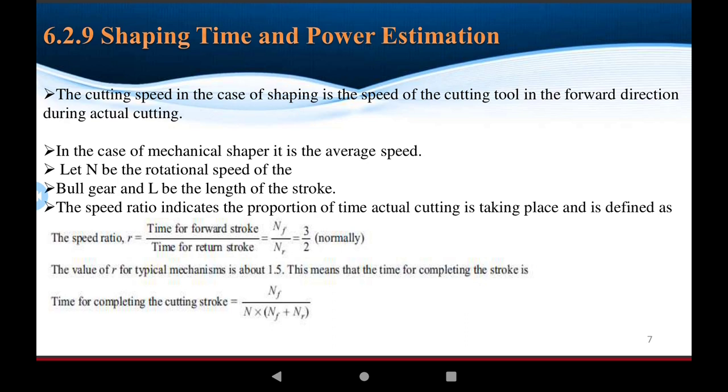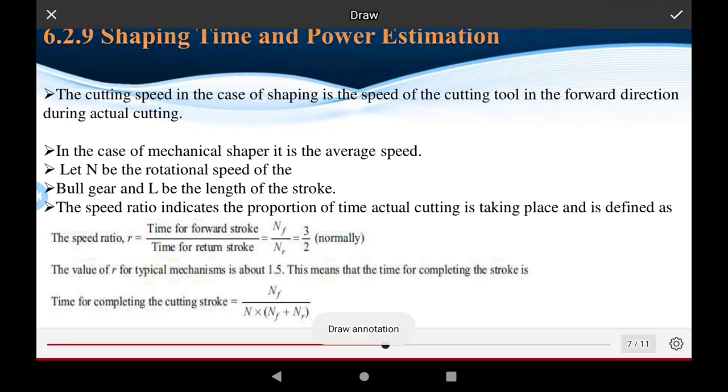F is the forward stroke, and NR is the return stroke of the machine. Both are the speed ratio of these machines, equal to time for forward stroke upon time for return stroke. NF upon NR equals 3 by 2, and this is the normal speed of the machine. Okay, this is the speed ratio formula.